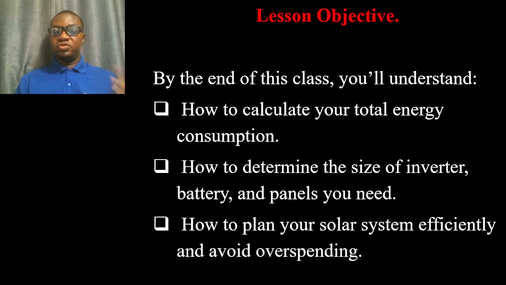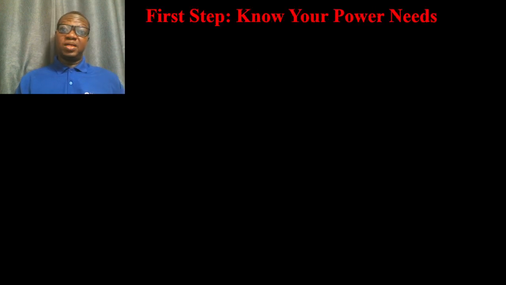You will also learn how to plan your solar system efficiently and avoid overspending. So when you know what you want to do, you will not buy unnecessary things. You will not buy things that are not needed, so you end up spending exactly what you need to spend for any particular project.